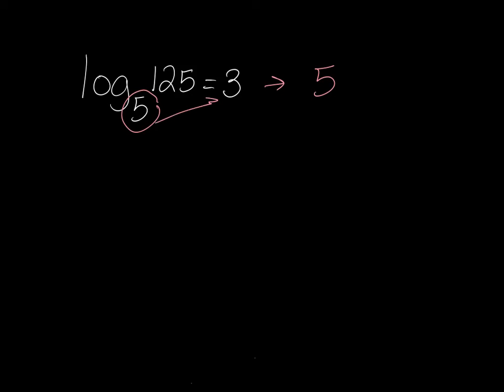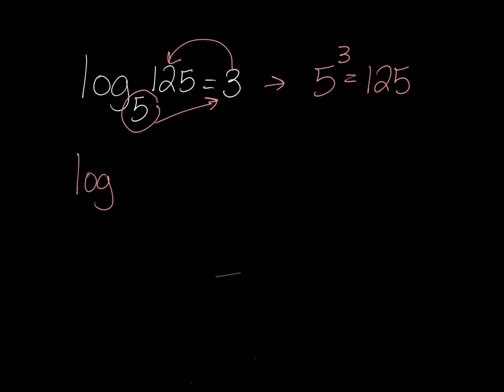So for example, if I have log base 5 of 125 equals 3, how to check that is I take my base, I raise it to a power, and it should equal this number. If that's right, that's how it's written. So let's try this.